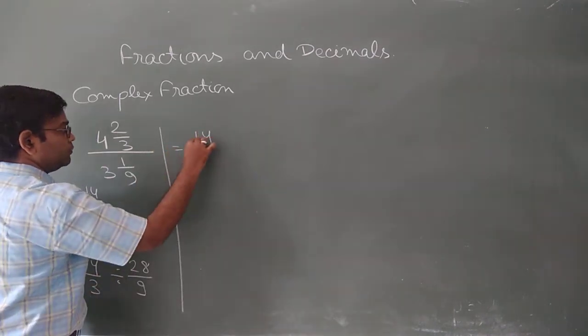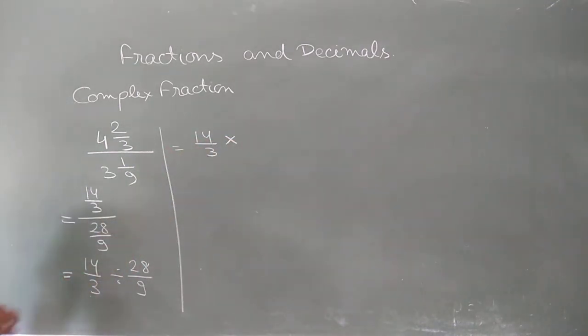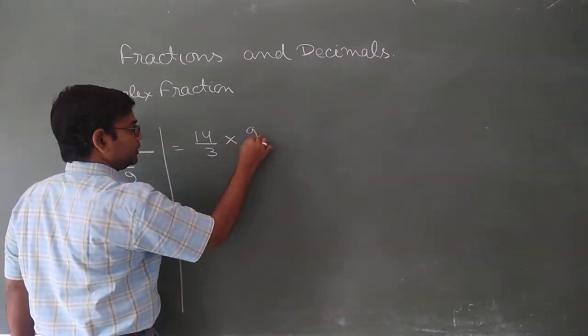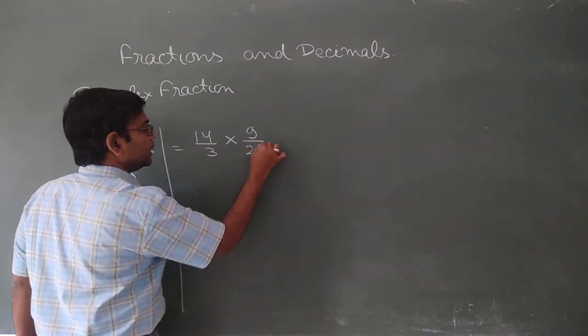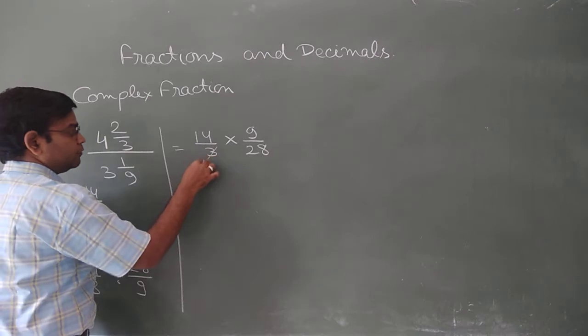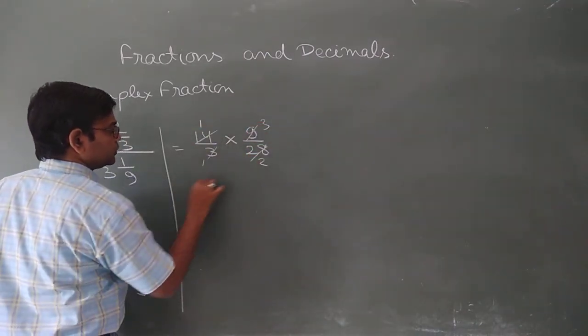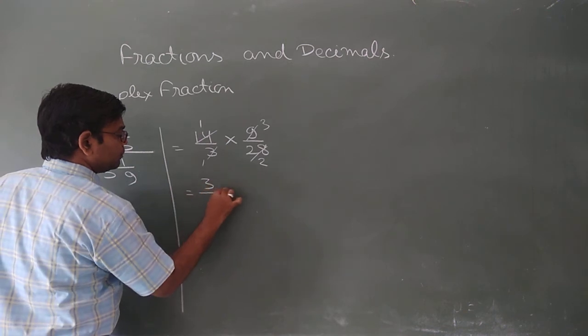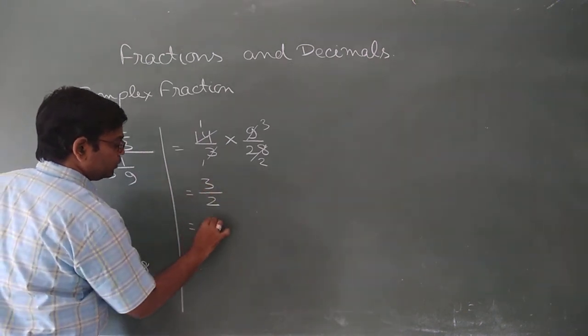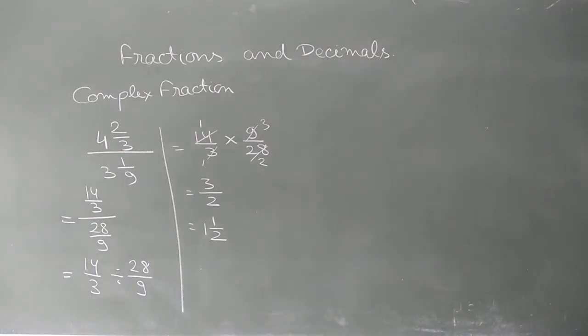First, we write down 14 upon 3, change the divide sign into a multiply sign, and then reciprocate the second one likewise. Now understand, 3 1s, 3 3s, 14 1s, 14 2s. It's 3 upon 2 or 1 whole 1 upon 2. This is your complex fraction.